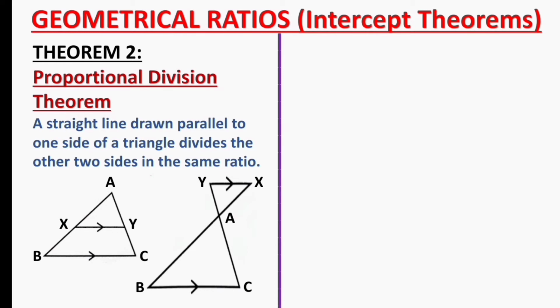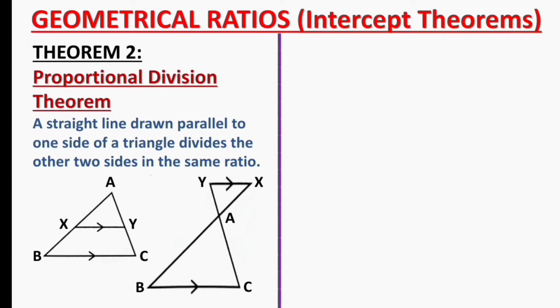Moving on, let's learn about the second intercept theorem. Theorem 2, proportional division theorem. A straight line drawn parallel to one side of a triangle divides the other two sides in the same ratio. We have two diagrams here to explain more about theorem 2.